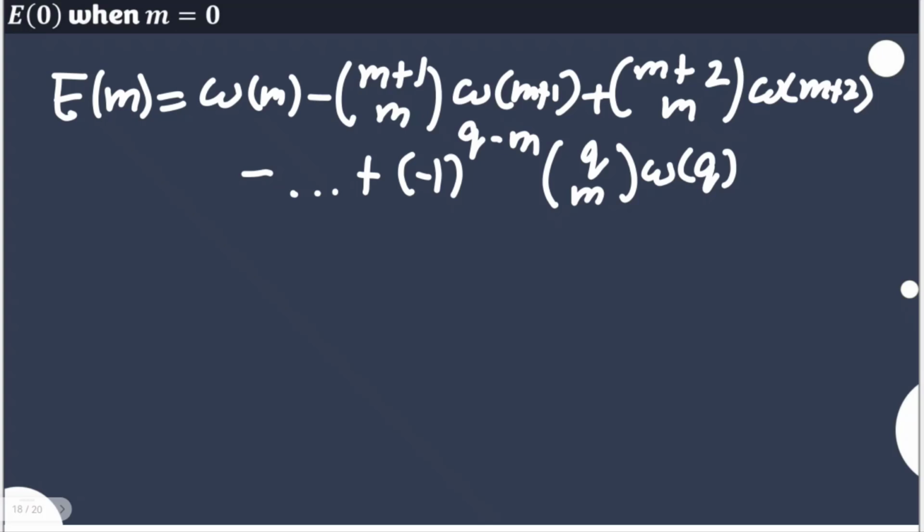Okay, and then if m is equal to 0, this is what it will look like.